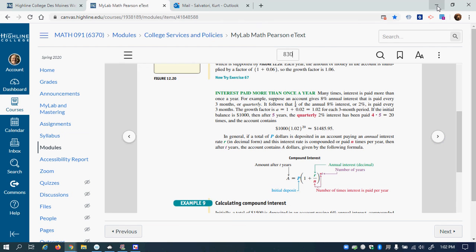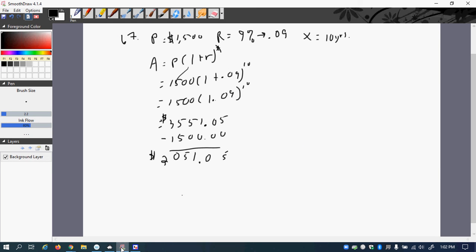So let's take a look at that again under the drawing here. We're going to have a new equation that's slightly different from the one we just did. That's going to be A equal to P times 1 plus R over N, and then that's N times T. So if we do semi-annually, that's going to be 2 times a year. Then we have what people might hear of as quarterly.